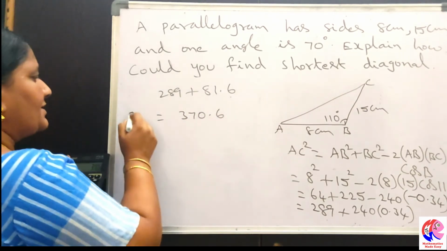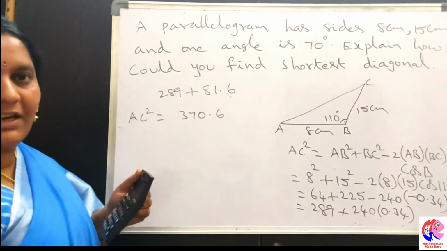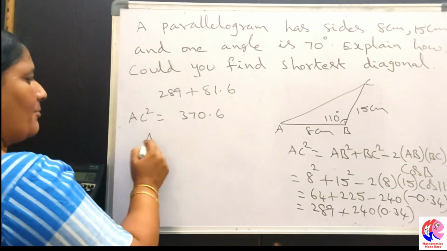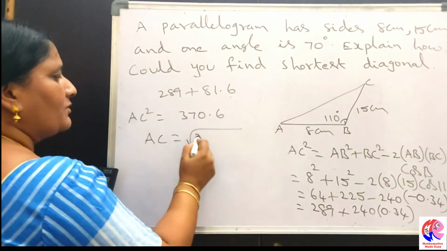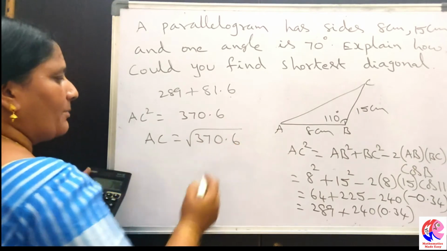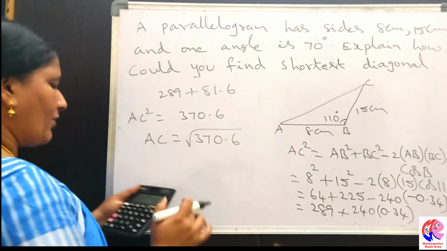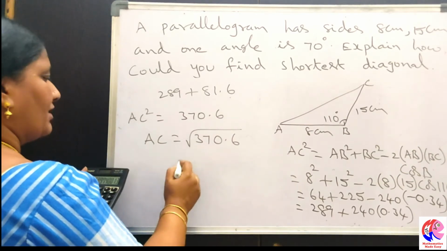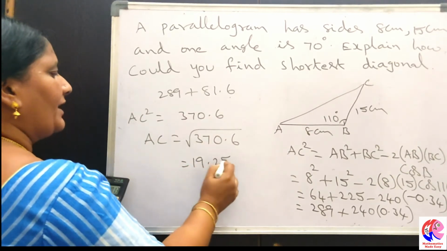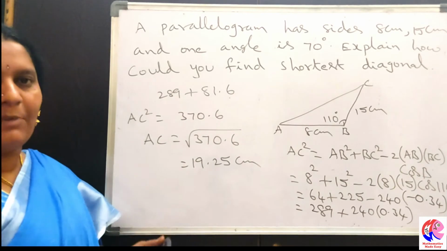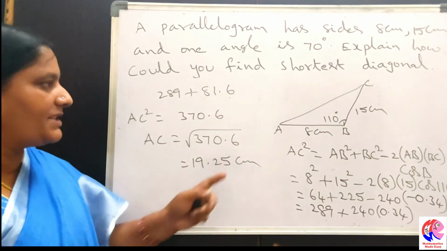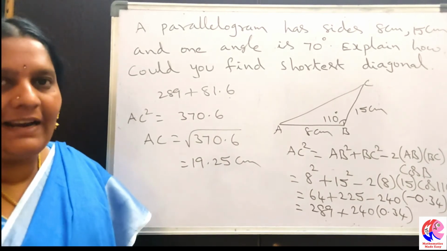So here AC square is equal to 370.6. Measure of AC is equal to root of 370.6. Now square root of 370.6 is equal to 19.25 centimeter. This is 19.25 centimeter, the length of the diagonal AC.